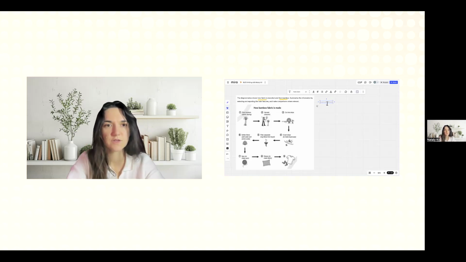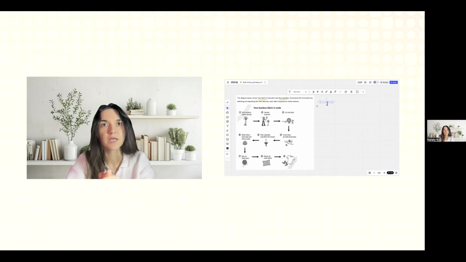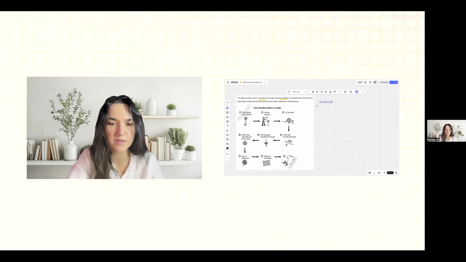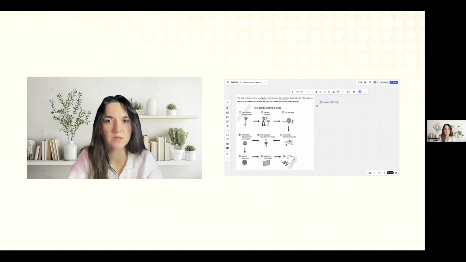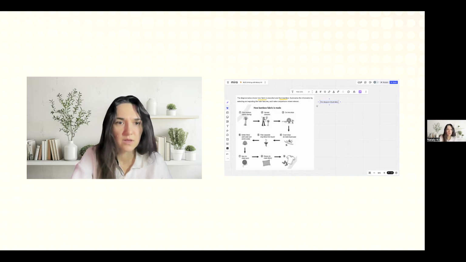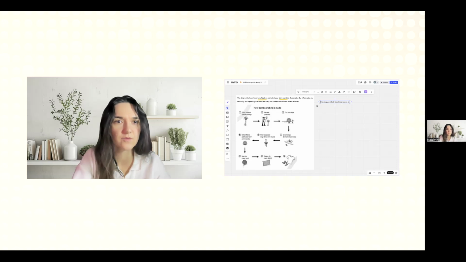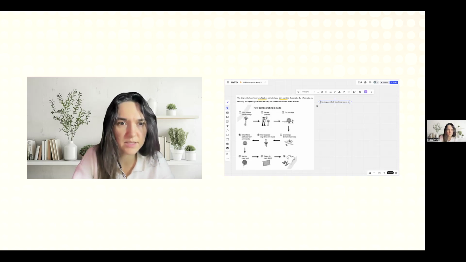So first thing that we have to do is write what we are going to be generally writing about. So it's an introduction. The diagram illustrates the process of what?